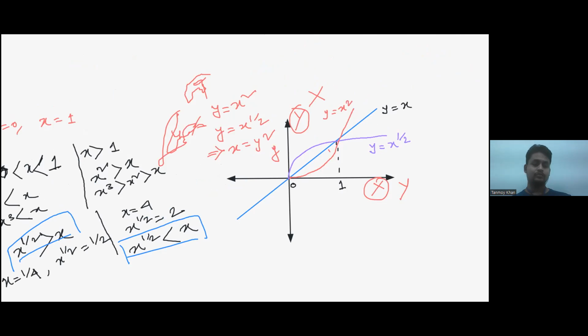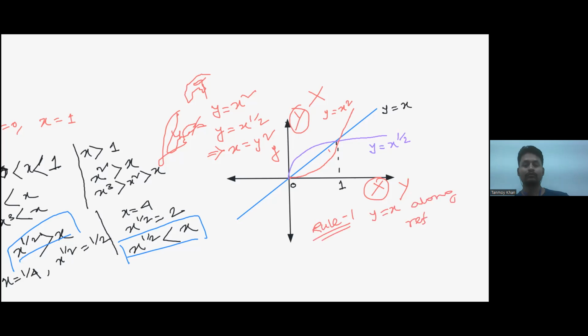So you can draw such plots by taking reflection with respect to y equals x. This is one trick, or you can say rule number one: reflection along y equals x.